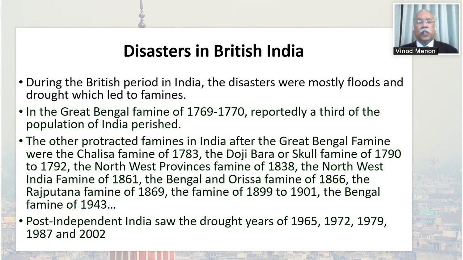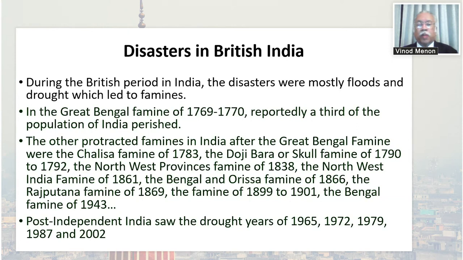During the British period in India, the disasters were mostly floods and drought, which led to famines. And we know about the Great Bengal Famine of 1769 to 1770, where reportedly a third of the population of India perished.